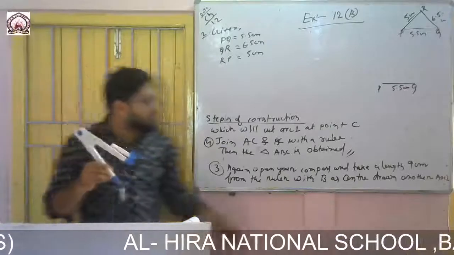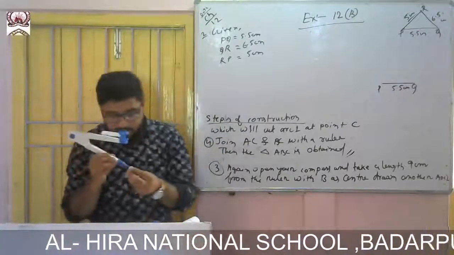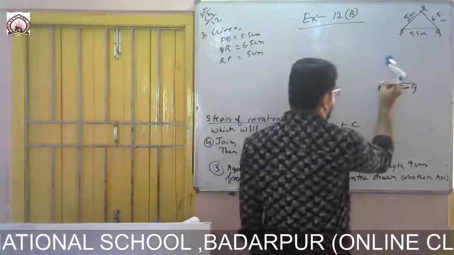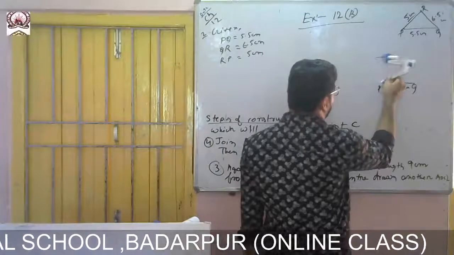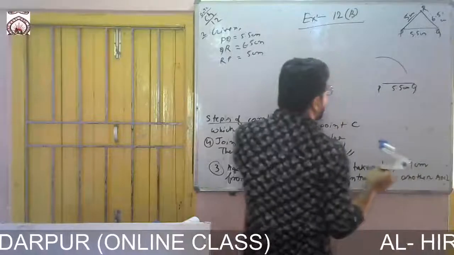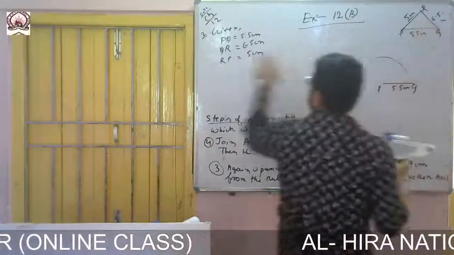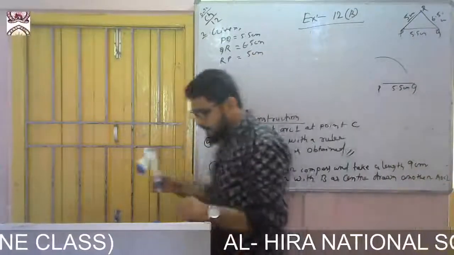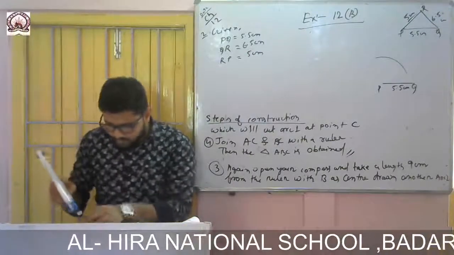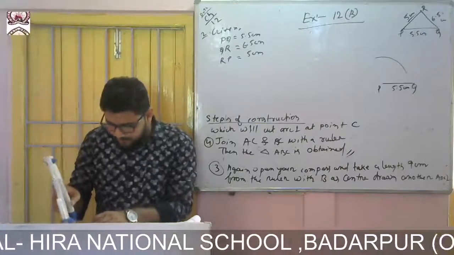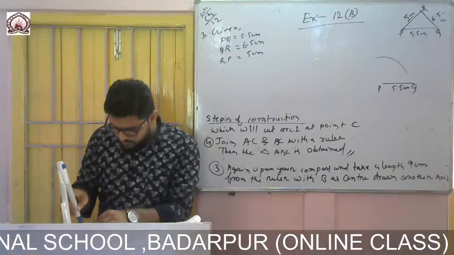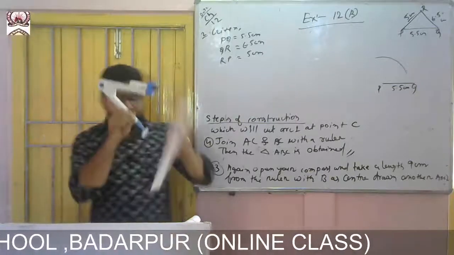Now draw an arc from P. Again, QR is how much? 6.5. So again you take 6.5 centimeter from the ruler.